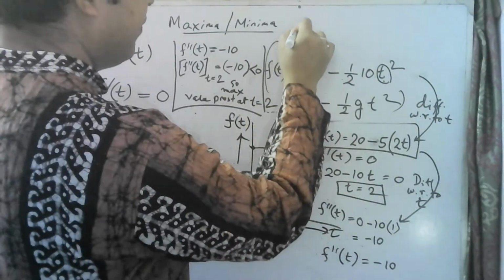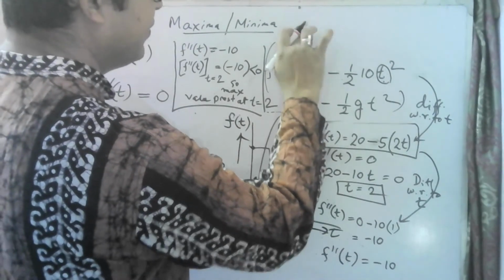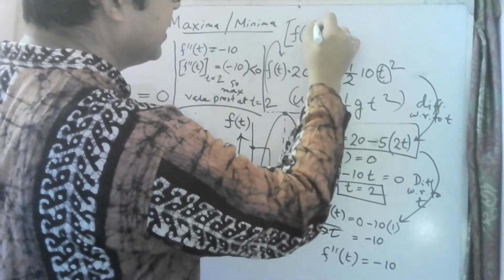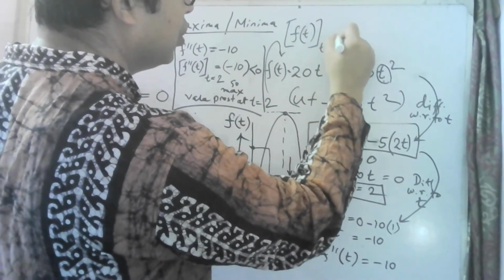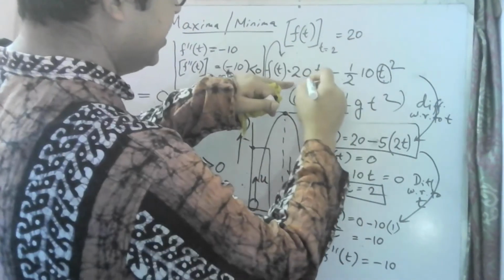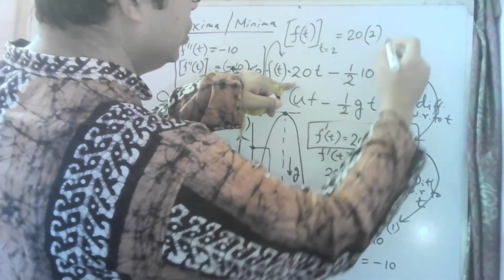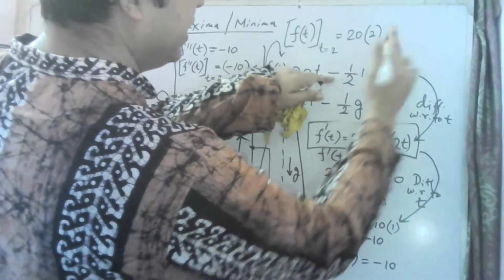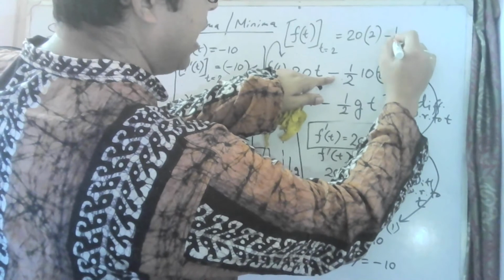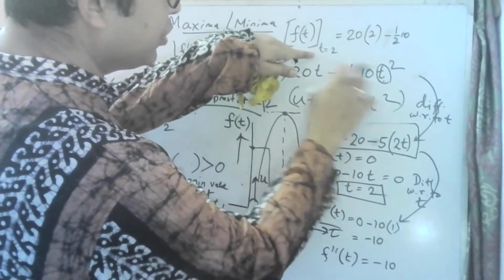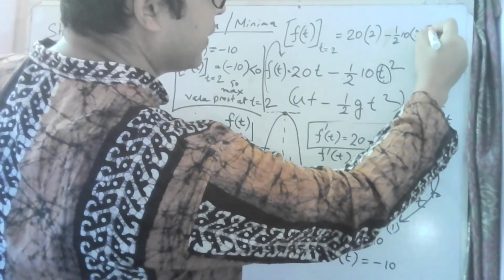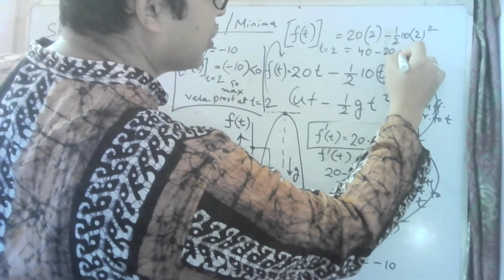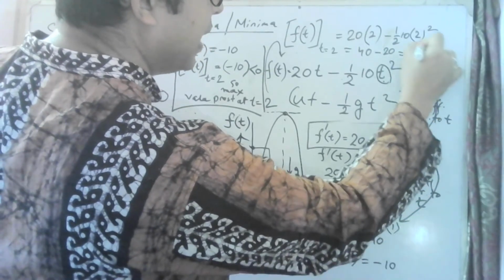So ft at t is equal to 2: 20 into 2 minus half into 10 into t squared, so 2 squared. So this will be 40 minus 20. Okay, so 20 is the maximum value.